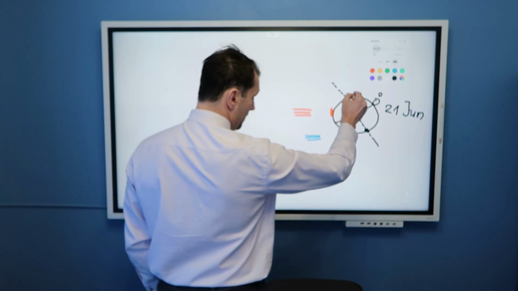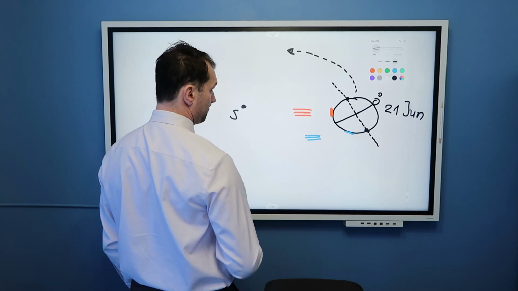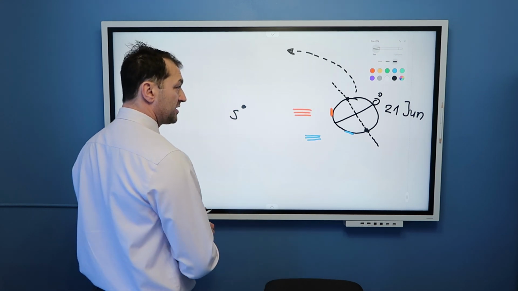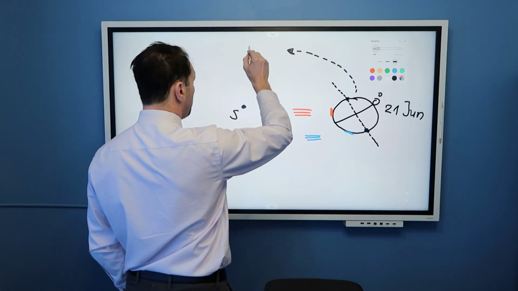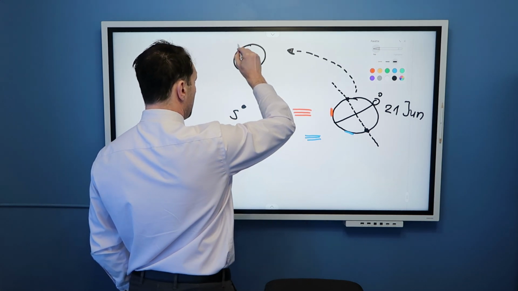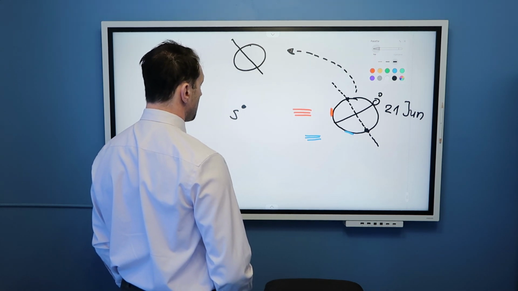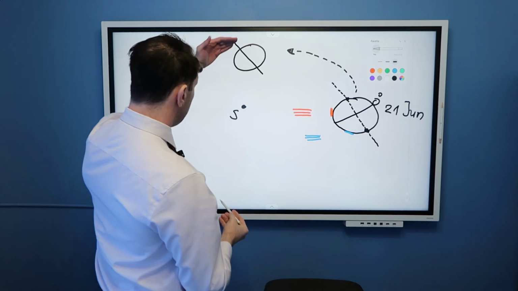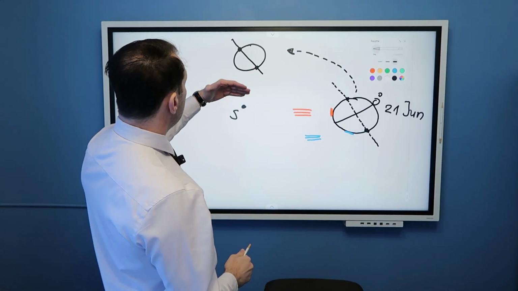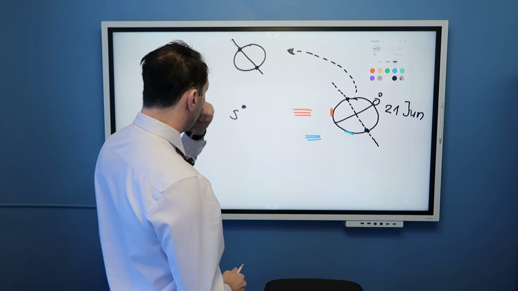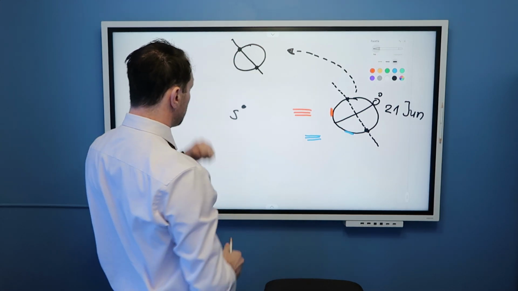And then the Earth is now revolving around the sun, as I discussed several minutes ago, in the counterclockwise direction. And we get to this point over here, when the tilt is still like so. But now notice that the North Pole and the South Pole are not pointing away or towards the sun. The tilt is parallel to the sun.